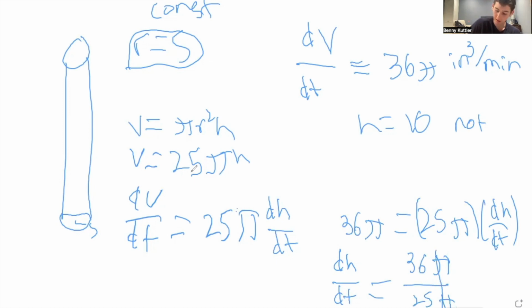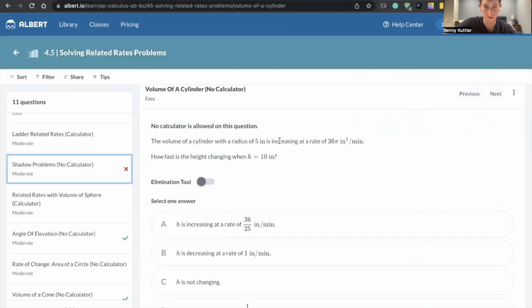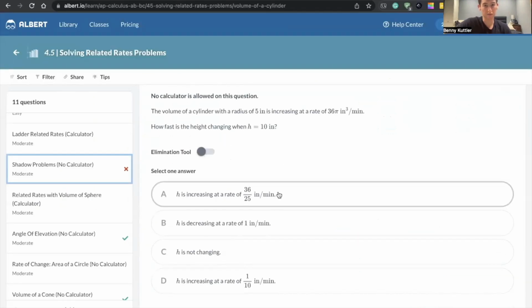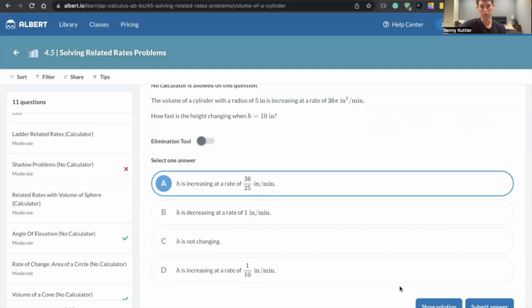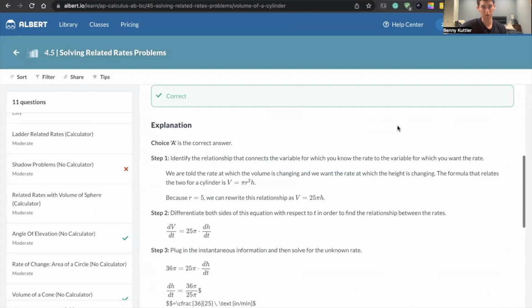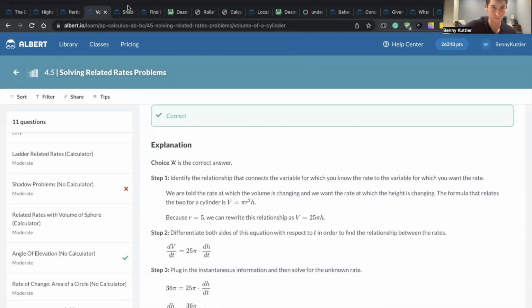The pi's cancel out. So we get 36 over 25. Now let's see if that matches up with our answer choices. And sure enough, it does. Since we're adding water, the rate of change is positive. So we have 36 over 25, which was our answer. There we go.